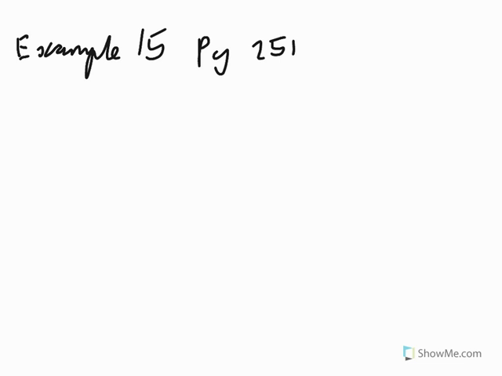Okay, so example 15 on page 251 of your text, what we're looking at now. And this is one where we're looking at percentage changes in this case. We've looked at doubling and stuff like that in some others.